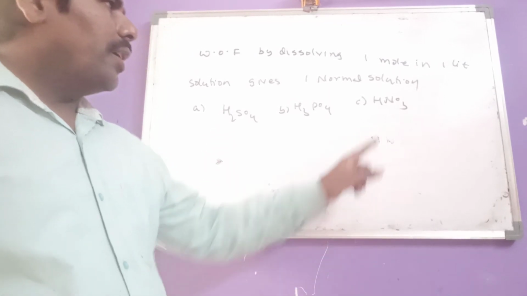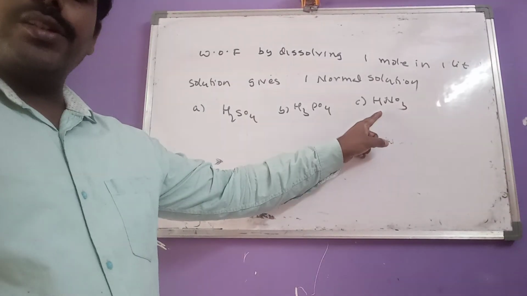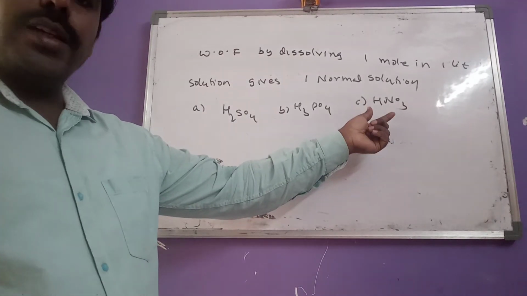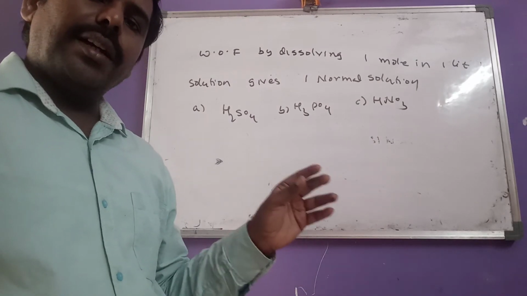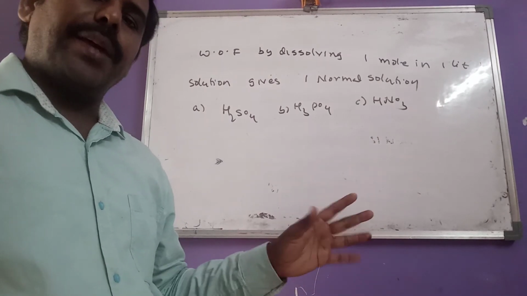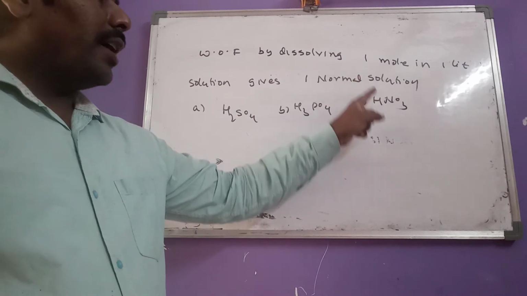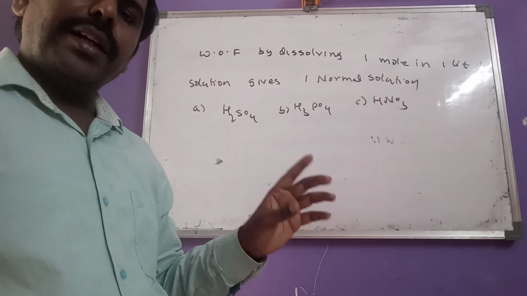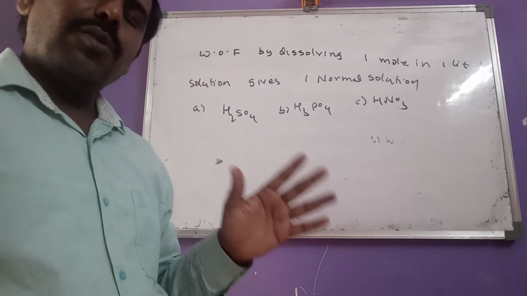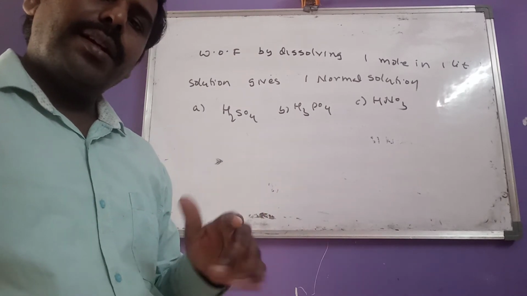So the answer is HNO3, because for HNO3 both gram molecular weight and gram equivalent weight are the same. So by dissolving 1 mole of HNO3 in 1 liter, we get a 1 molar solution and also a 1 normal solution.